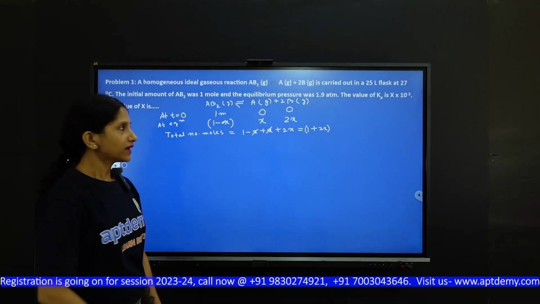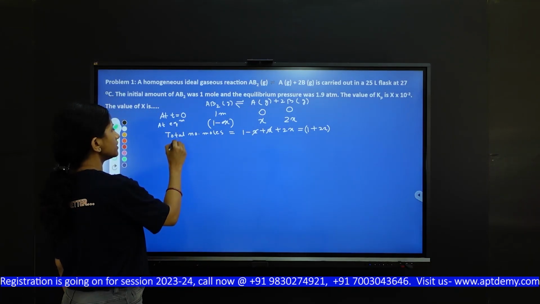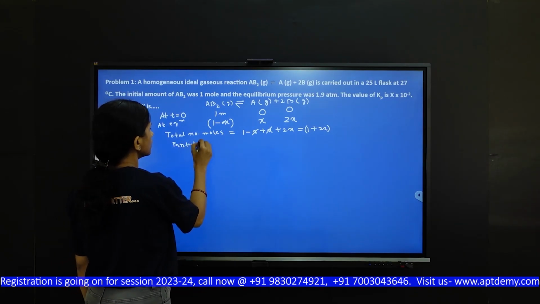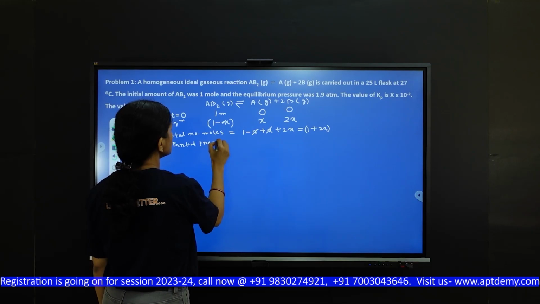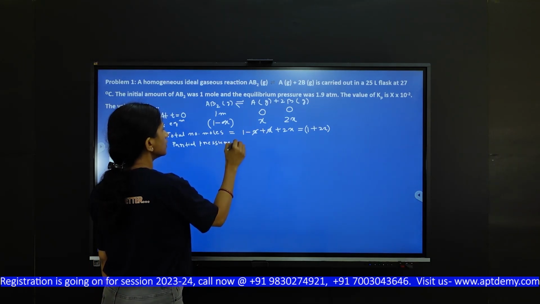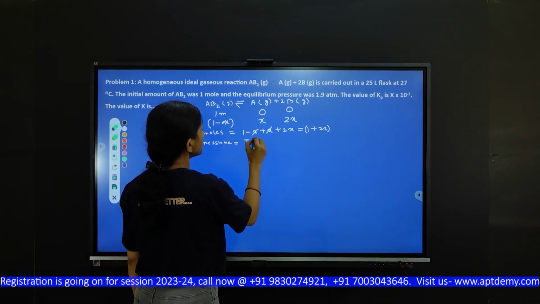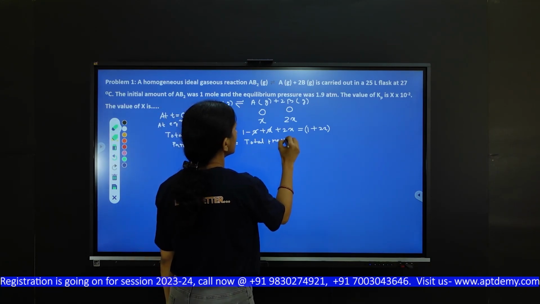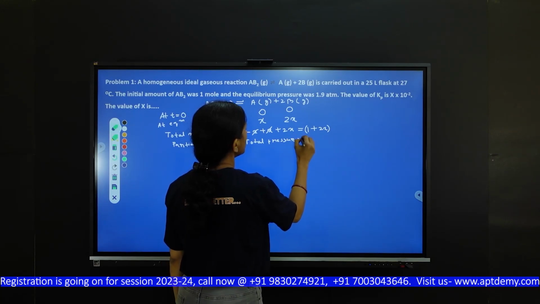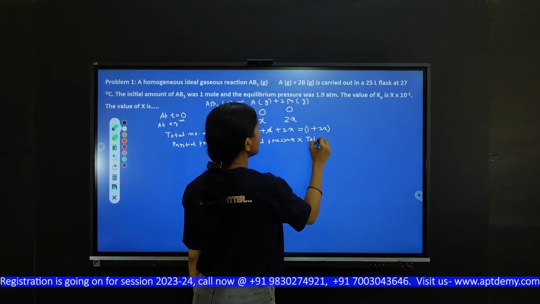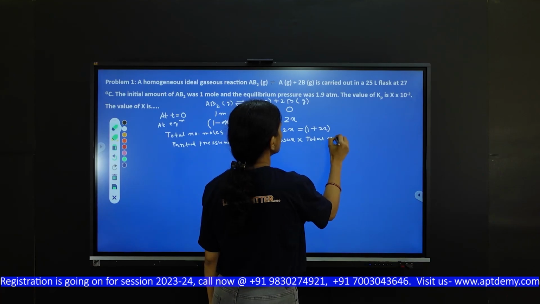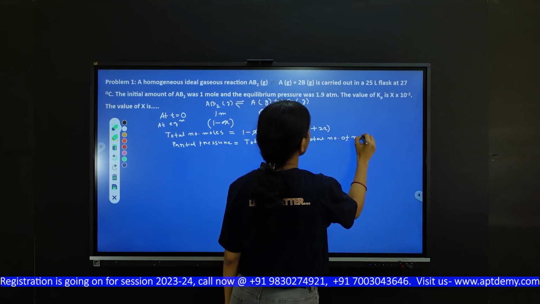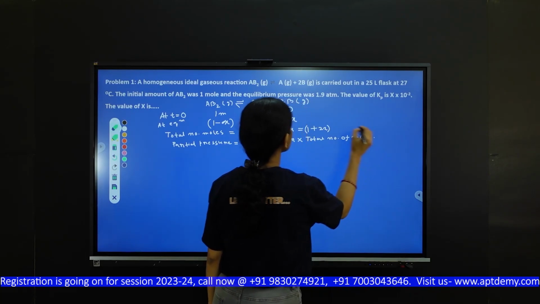Now, what we know is that the partial pressure is equal to the total pressure times the mole fraction.